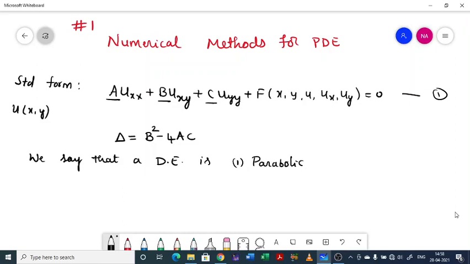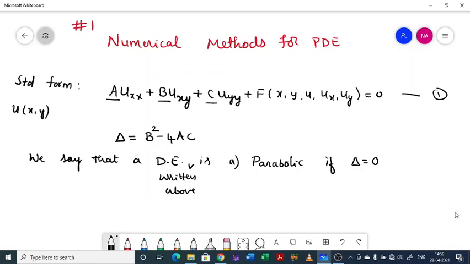We say that the differential equation written above is, let me write A to avoid confusion since there is a 1 here, parabolic if delta, that is b square minus 4ac, is equal to 0. So if the discriminant b square minus 4ac is equal to 0, then we call this equation a parabolic differential equation.